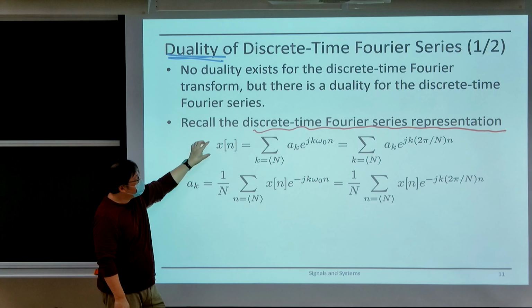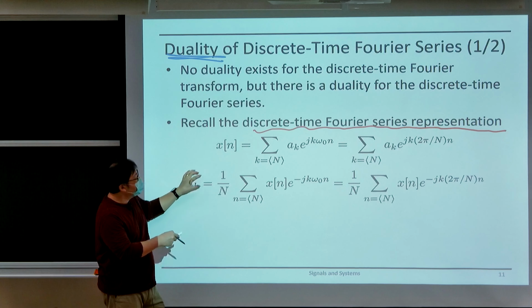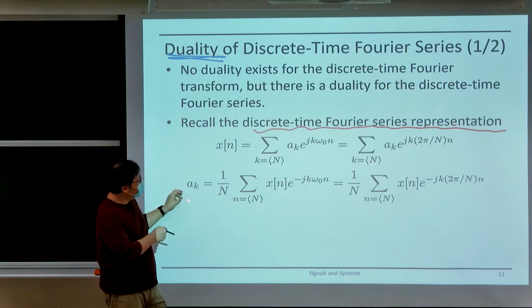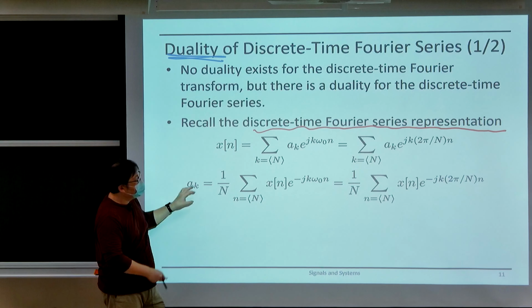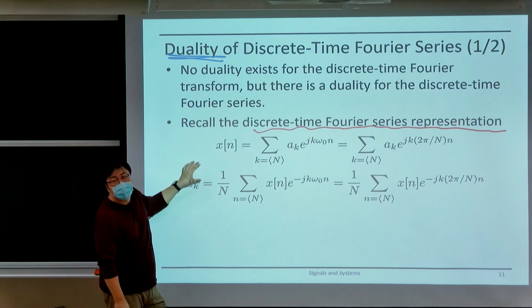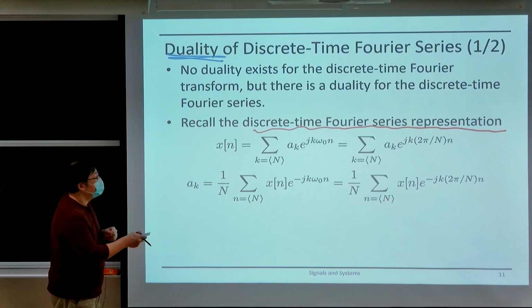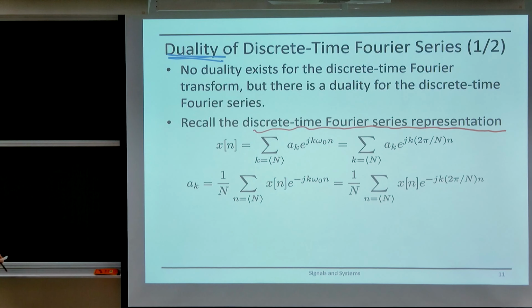So you can see here that going from x[n] to a_k and going from a_k to x[n] give you very similar forms, right? So you have this dual relationship when you're looking at the discrete time Fourier series, okay?